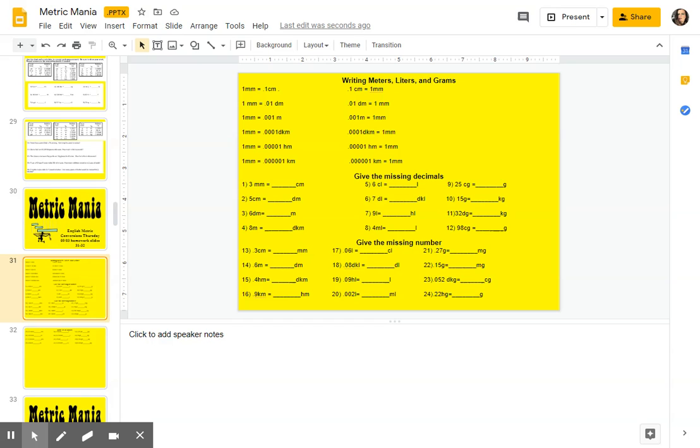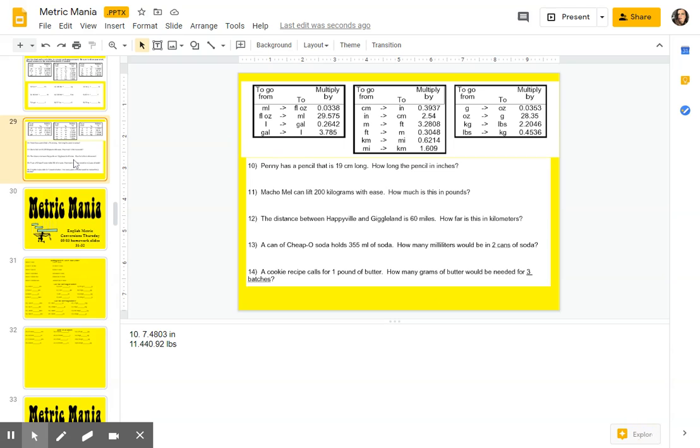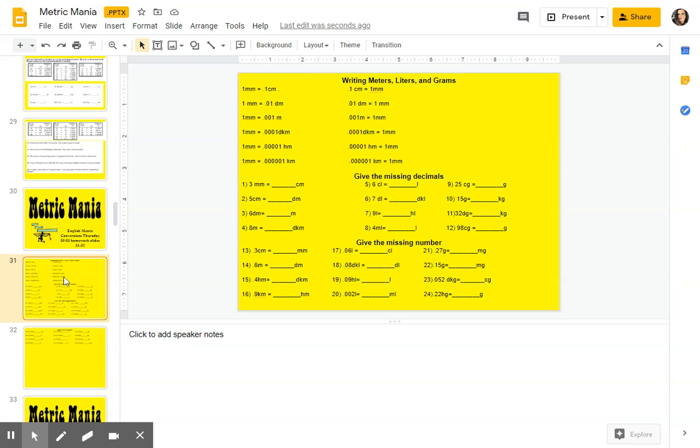So what you're going to do here, you're going to look for your millimeter. Okay. You have 3 millimeters is 0.1 centimeters.